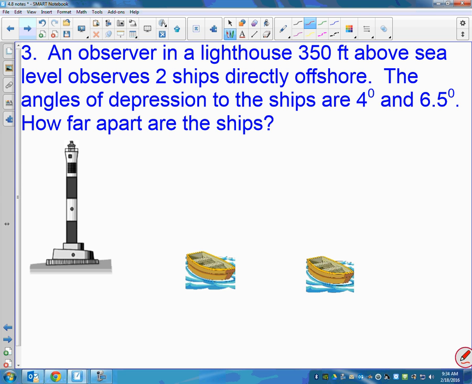So you have to do a little bit more work in this one, because we're trying to find this distance, but we can't find that distance. What we can find is the distance each of them are to the lighthouse, and then we can take that off here. So if you need to make 2 pictures out, you can.